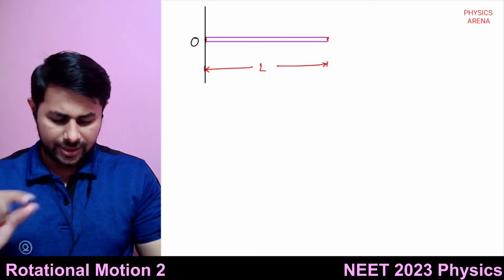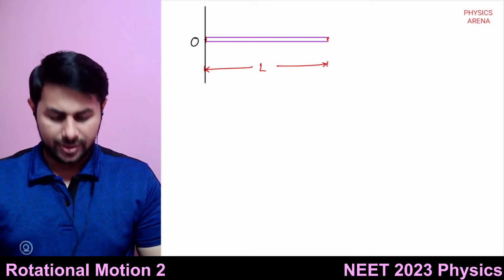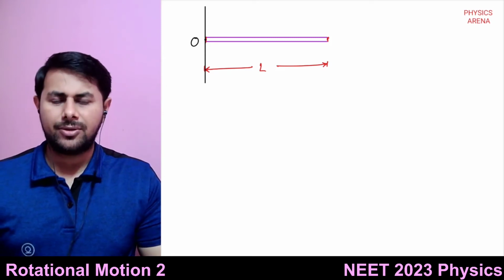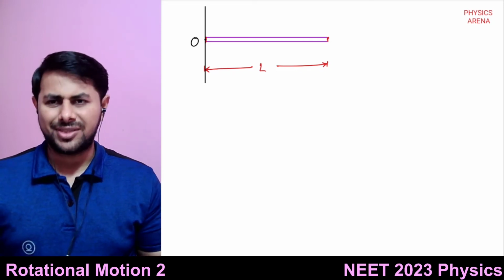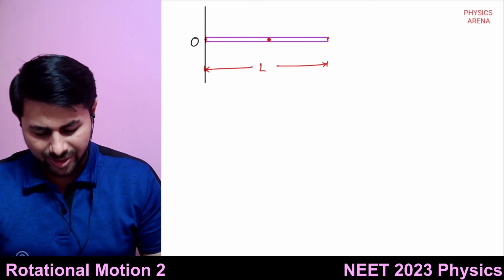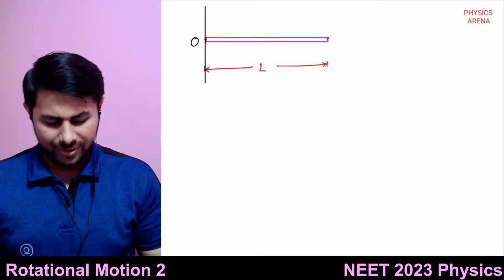The thickness of this rod is minimal. Let's suppose I want to find the center of mass of this rod. Now symmetry will tell you that the center of mass will be here, right, at x equal to L by 2.